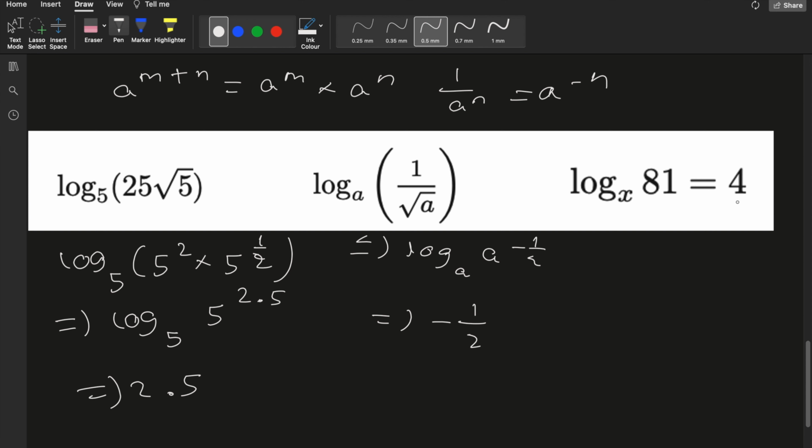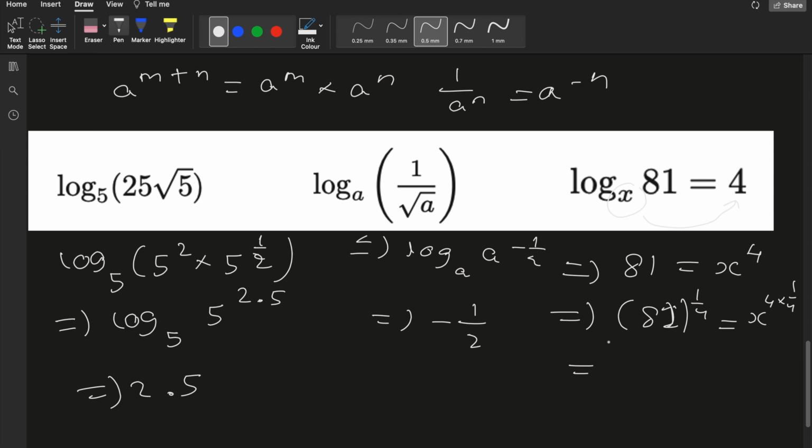And now we'll use the snail rule over here. The base moves here. The base of the logarithm would be the base of the exponent. So we could write this as 81 equals x to the power of 4. And now what we could do is raise both sides to the power of 1 by 4, so x to the power of 4 into 1 divided by 4.